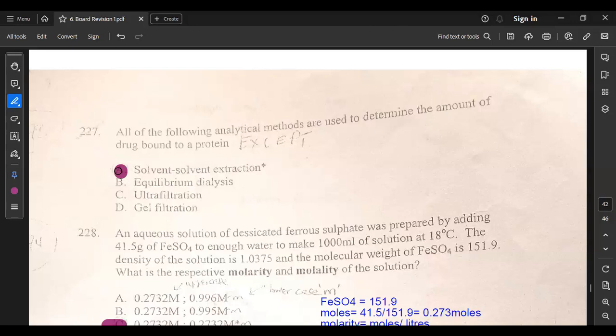Yeah, so from Google, protein binding may be assayed using equilibrium dialysis, ultrafiltration, gel filtration, and ultracentrifugation. Can we go through each of them, or should we just move on for the assay methods?